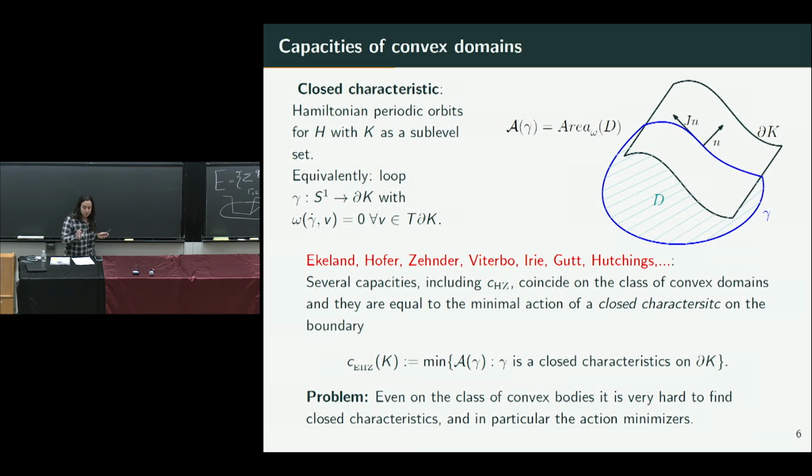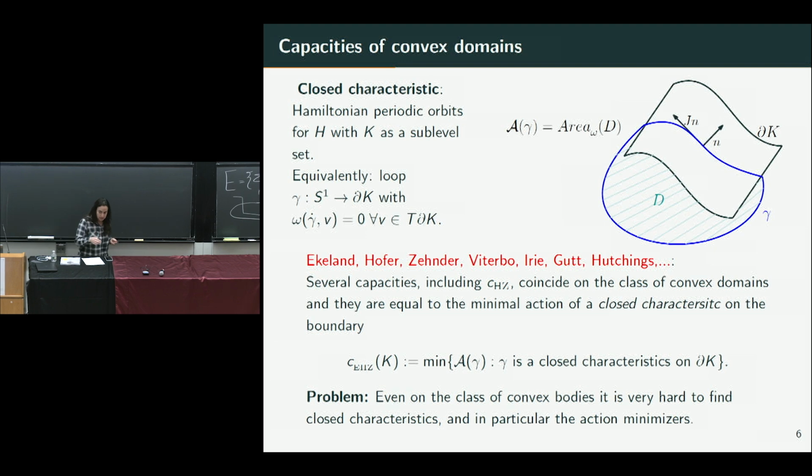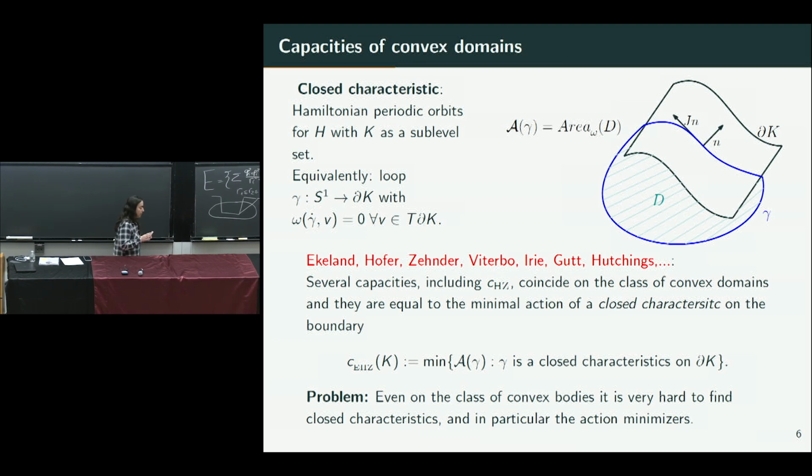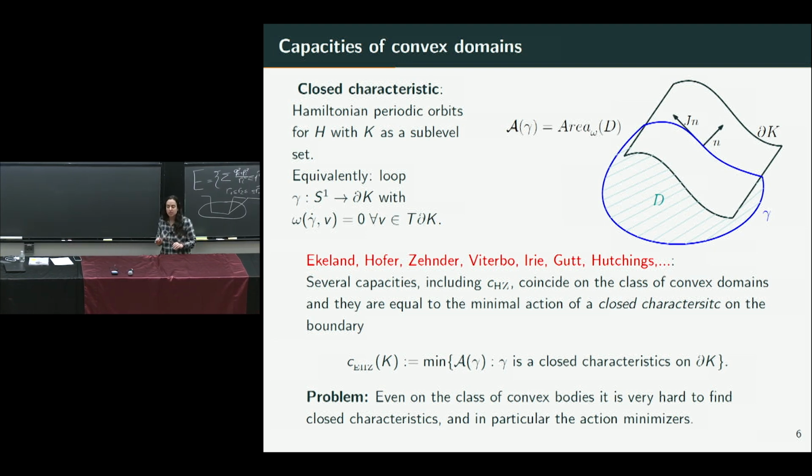I should mention that despite our notation of it as a capacity, it's not exactly a capacity. It satisfies all the conditions: it's normalized, a symplectic invariant, and also scaling invariant. However, the monotonicity here is only true when we are restricted to convex domains.